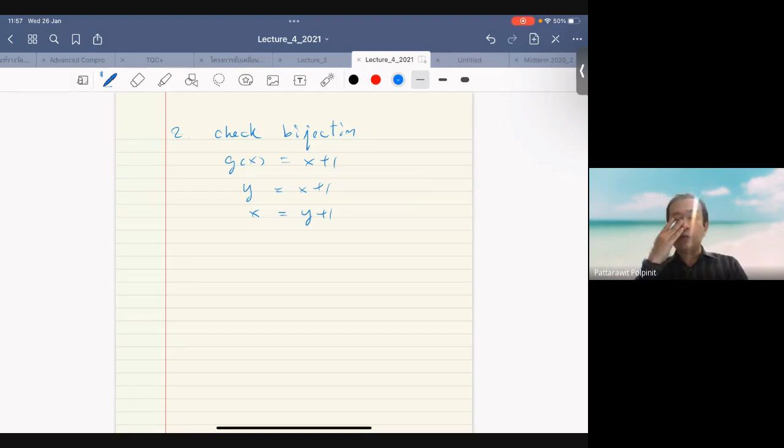Replace every x with y, replace every y with x, then reorganize it so that y equals x minus 1.